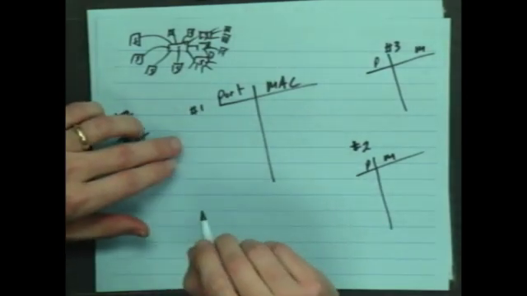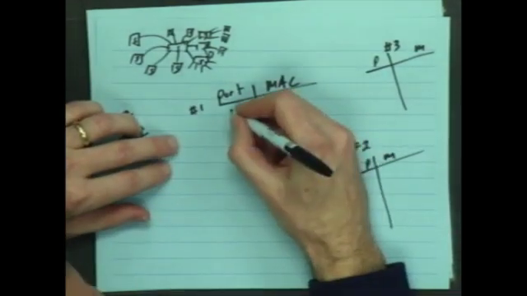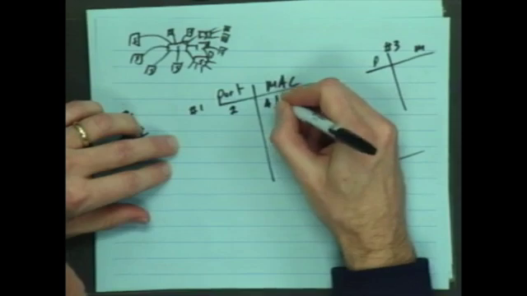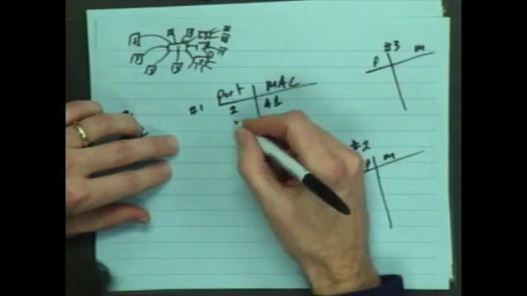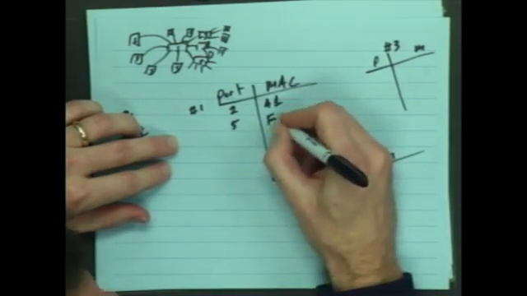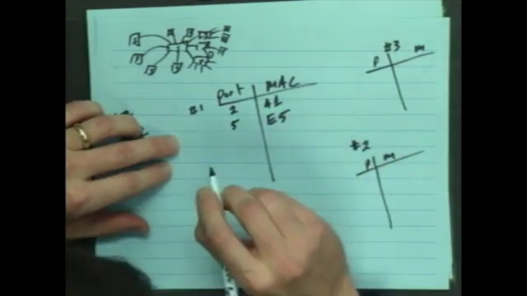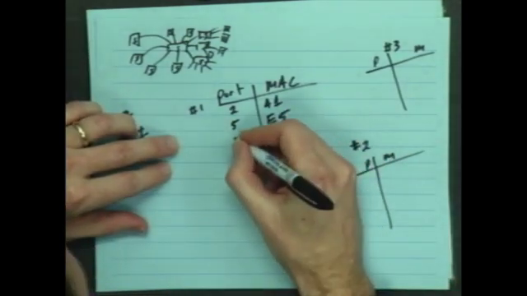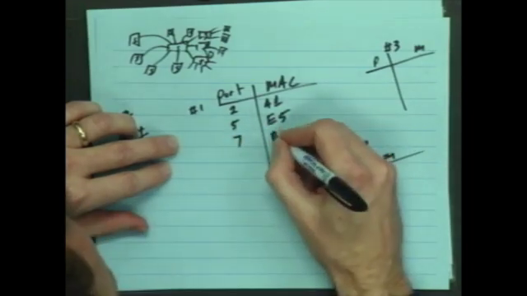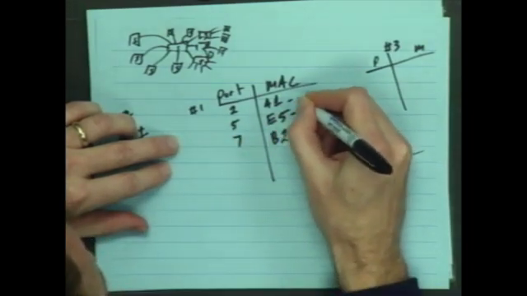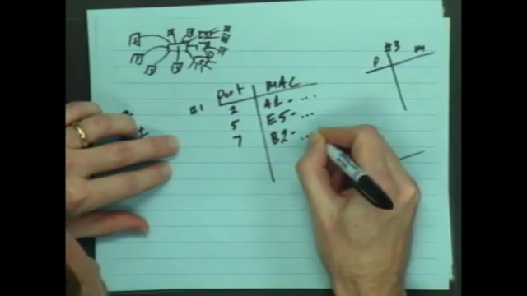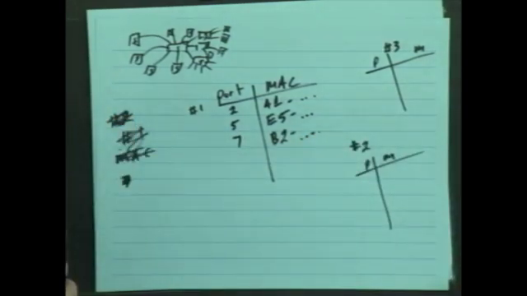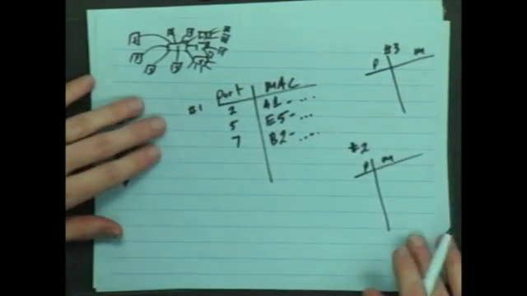All right, so on switch number 1, I already have port 2 is A1. Port 5 is E5. Port 1, 2, 3, 4, 5, 6, 7 is B2. Okay? So this is after a while when these switches have been running.